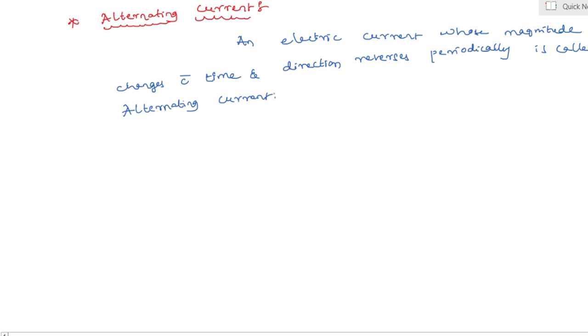It is denoted by capital letters A and C. Sources of AC are the hydroelectric generator, thermal power generator and nuclear power generator, etc.